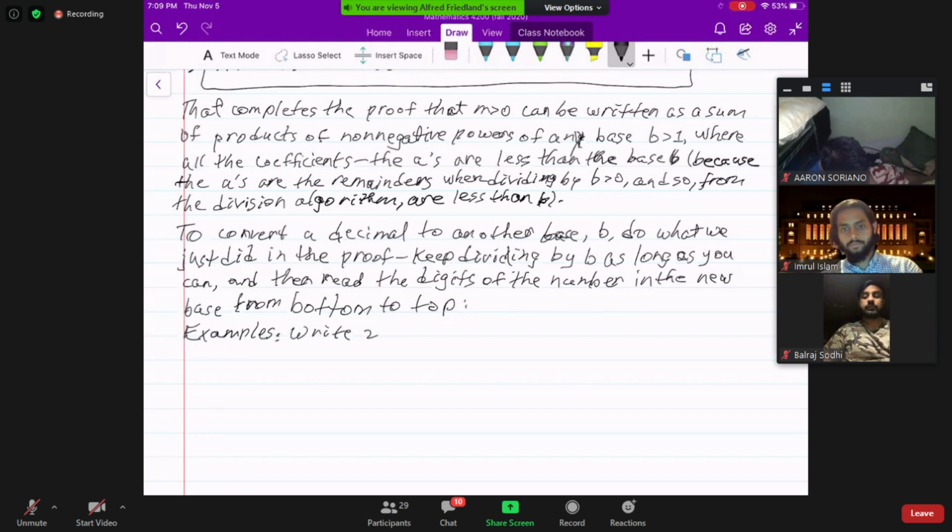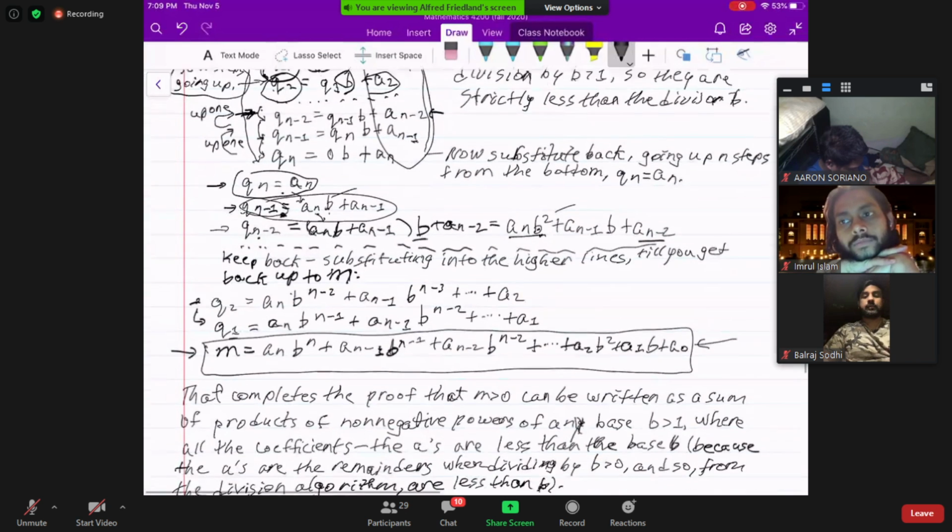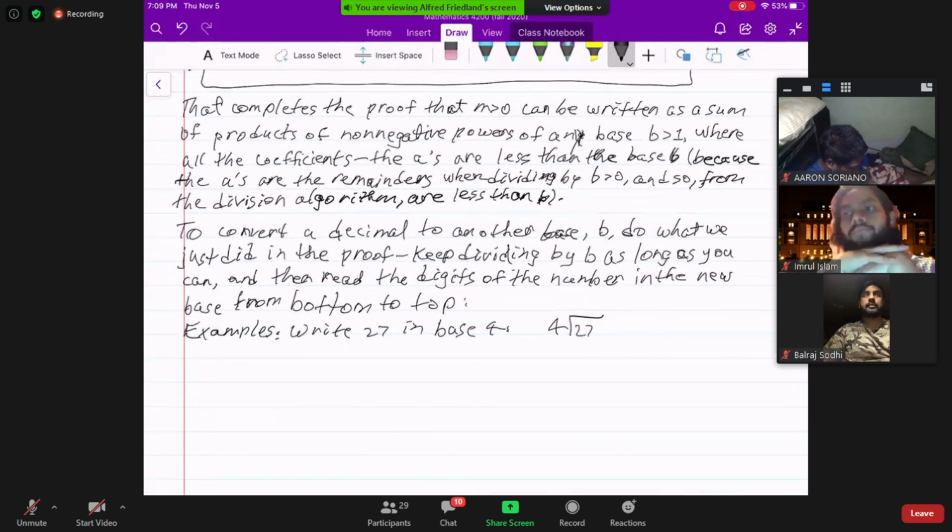Let's say 27 in base 4. So we're going to start with 27. So usually if I want to divide by the new base 4 into 27, I'd write it this way. But to facilitate its going like in the proof, I'm going to do it downwards. I'm going to write the division sign as it's sometimes done this way.